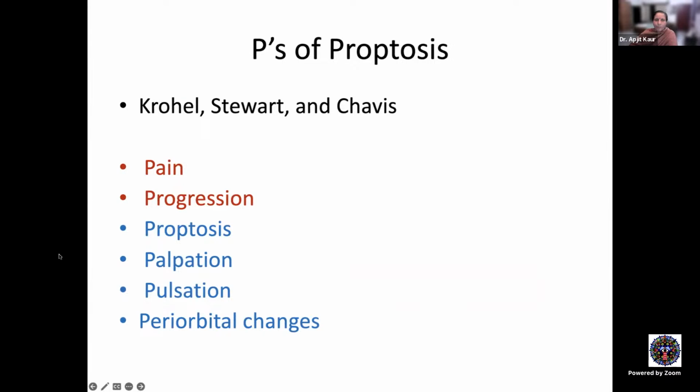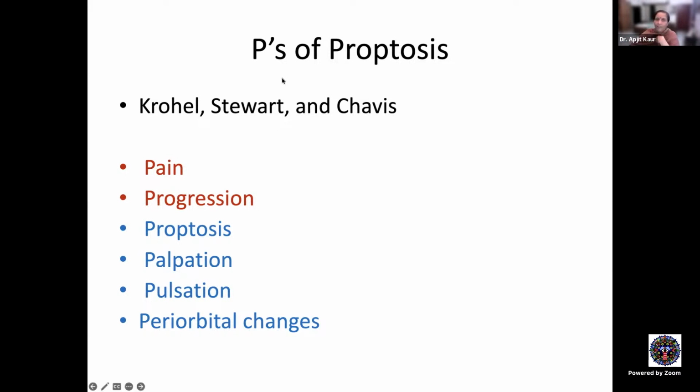Now, this part is very important. The P's of proptosis. Earlier, up till now, what had we learned? The concepts. How does it move? Why does it move? Where is the lesion? What is the displacement? Those sort of things. Now we are coming to a second segment, which is evaluation of proptosis per se.